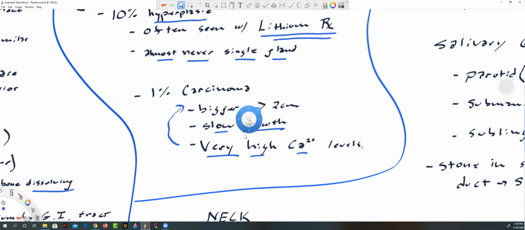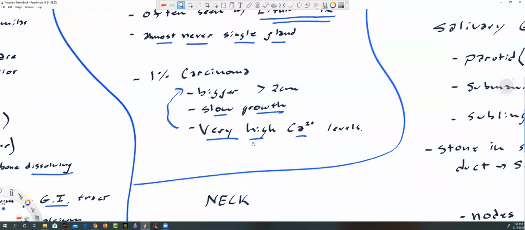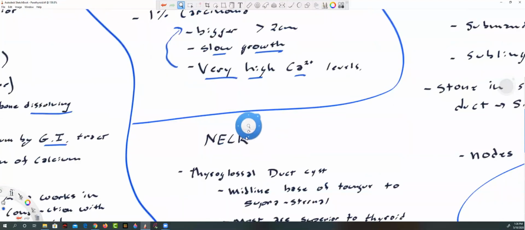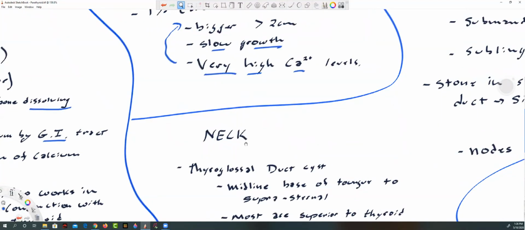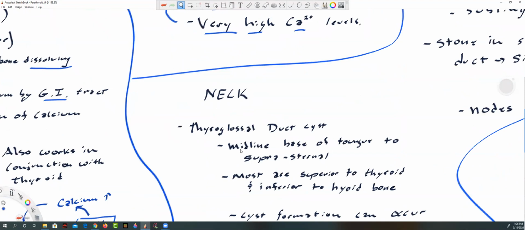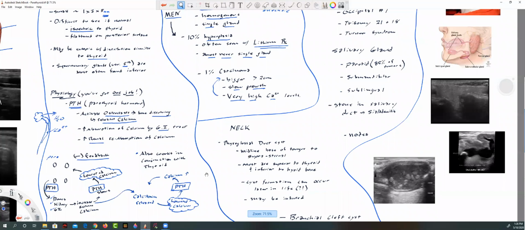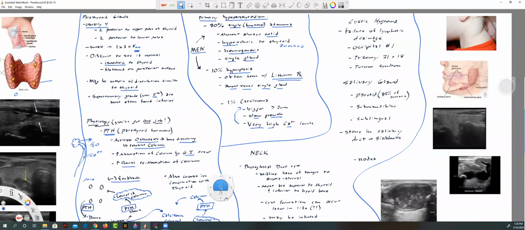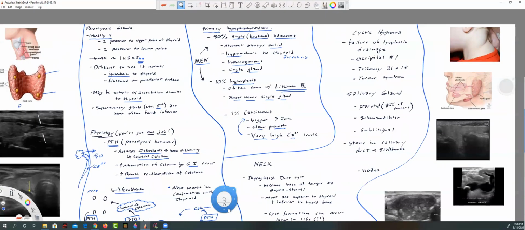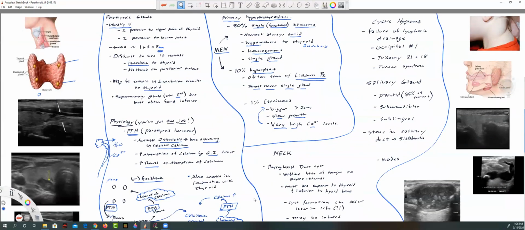That makes sense. Very, very high calcium levels point to carcinoma more than just a simple adenoma, which will also create hyperparathyroidism or hypercalcemia.